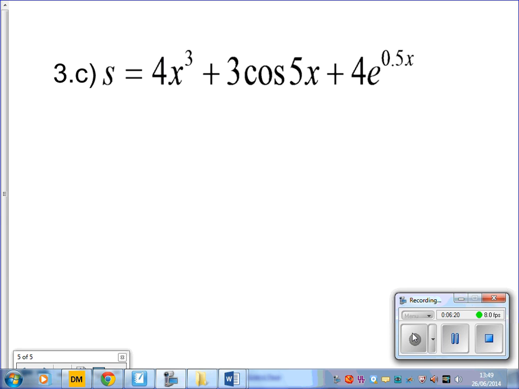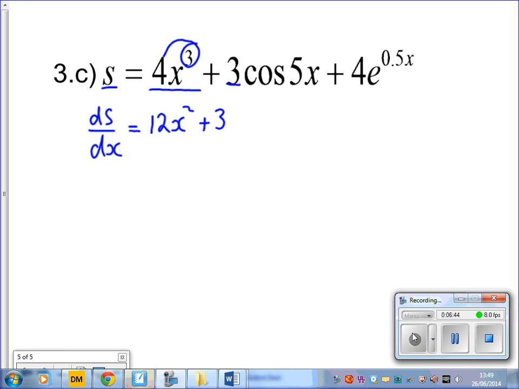Question 3c, this time s, so ds/dx. Going to differentiate each term in turn. So bring the 3 down to the front, gives us 12x squared. This 3 is going to stay there.